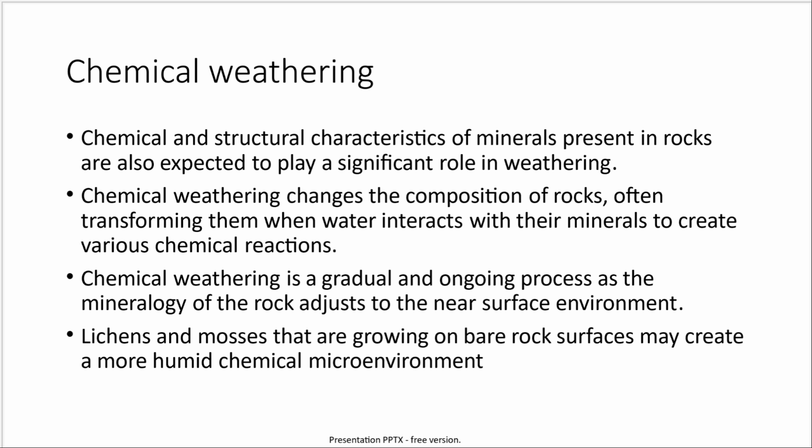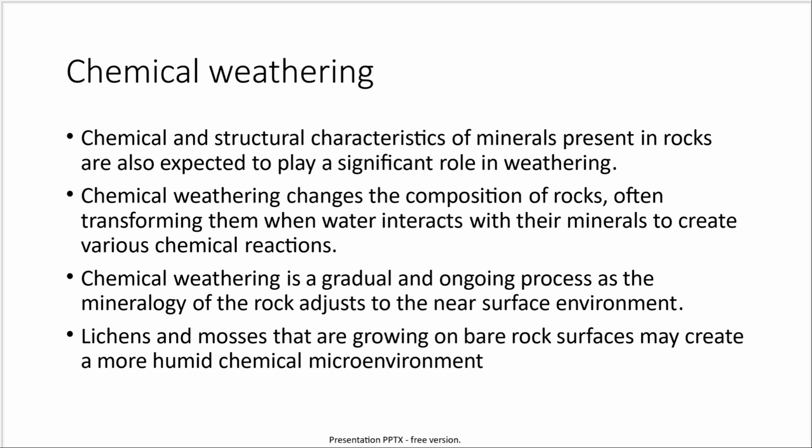Lichens and mosses that are growing on bare rock surfaces may create a more humid chemical microenvironment. So, the chemical weathering happens more in a humid and wet environment because the temperature and the presence of water promote many chemical reactions.